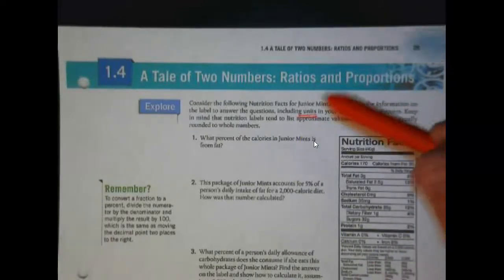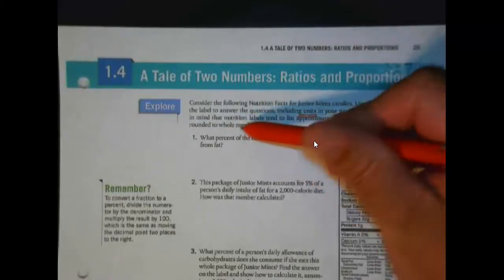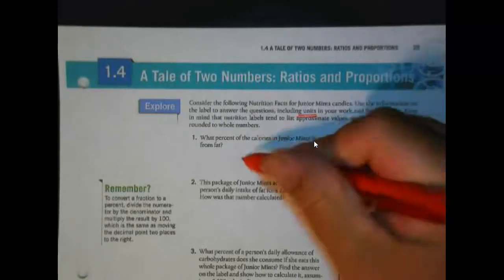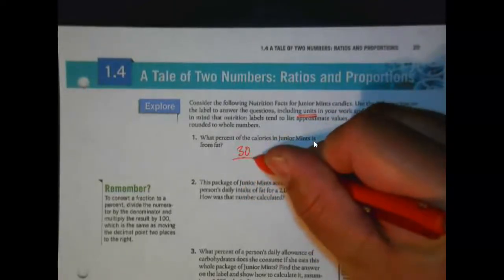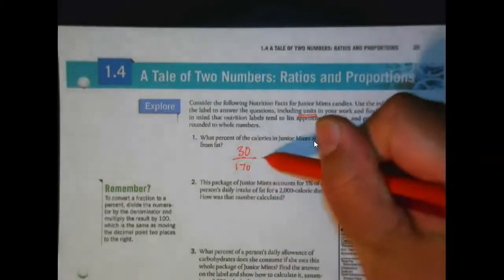Well, we know that there are calories from fat, 30. So we know that there's 30 calories from the fat, and we want to know the percentage. So we're going to divide that by the total number of calories, which is 170.